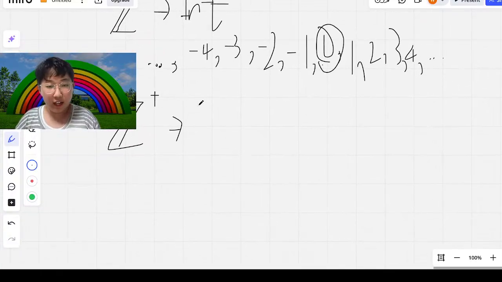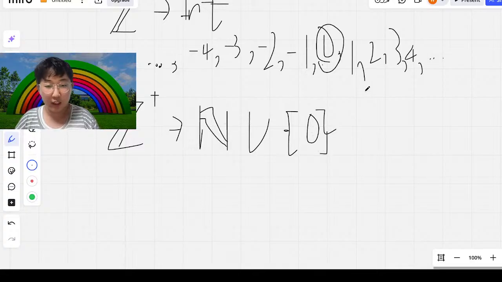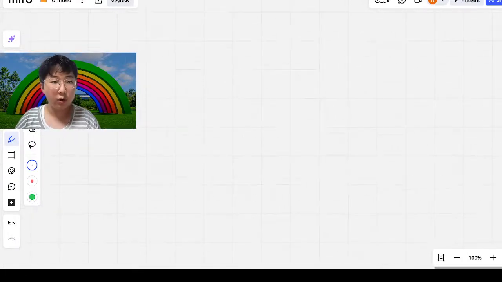Or you can write it as N, and remember the union that we used earlier, union with 0. So 0 and then all the natural numbers. Alright, let's go on.